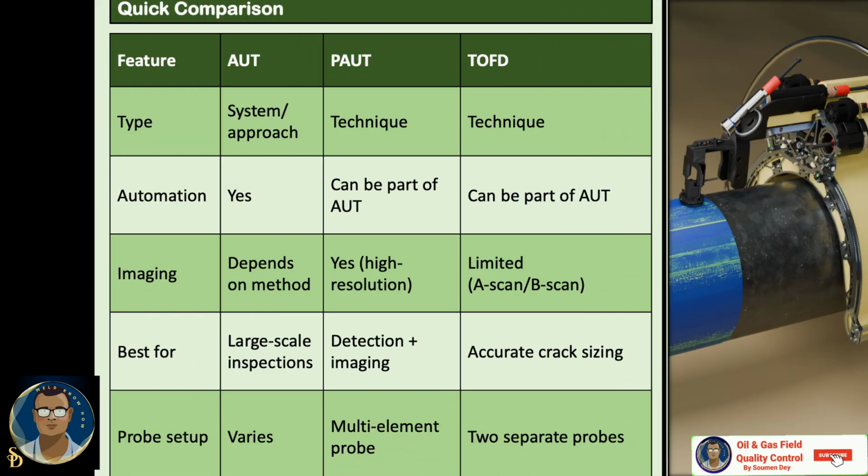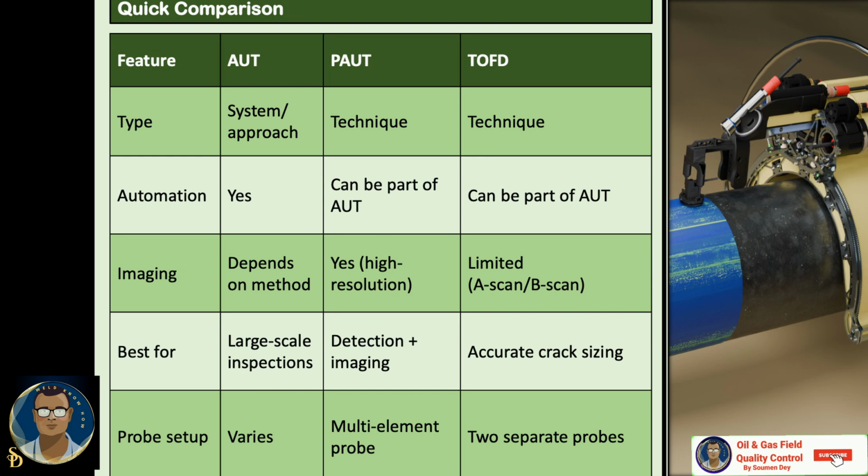Here is a quick comparison in the table. You can see automation for the auto UT: yes, it is automated. That's why the name is automatic UT. PAUT can be part of AUT, and TOFD also can be part of AUT. Imaging for AUT depends on the method we are using, PAUT or TOFD, and the output image will be like this.